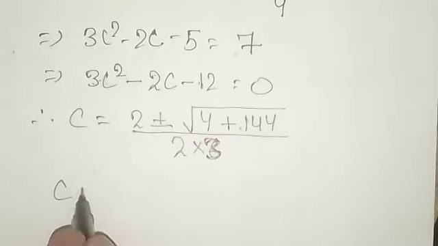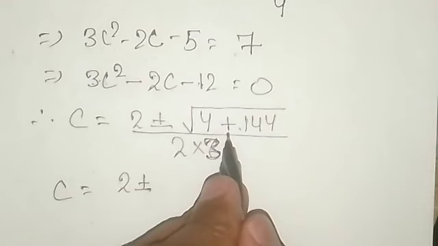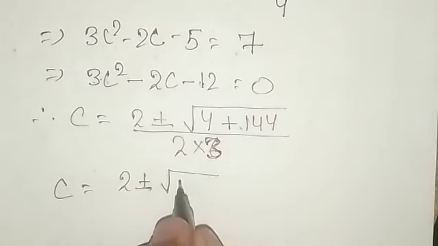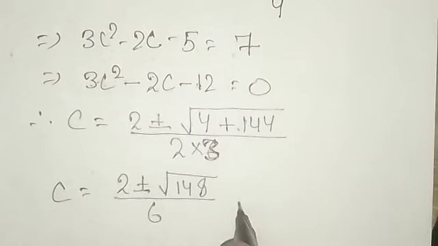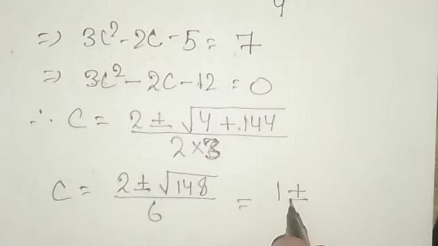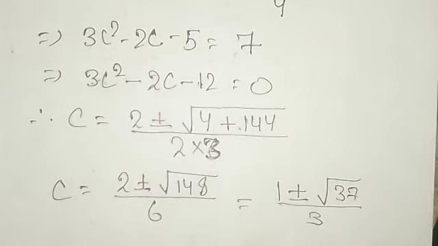So c is equal to 2 plus minus root of 148, right? So root of 148 by 6. On simplification we'll get 1 plus minus root of 37 by 3.